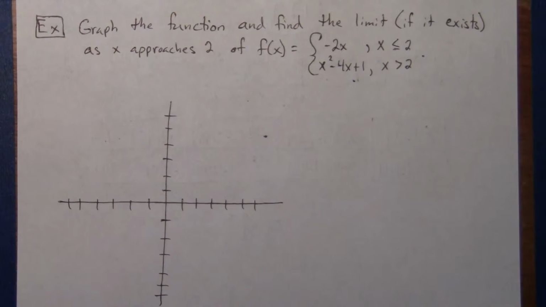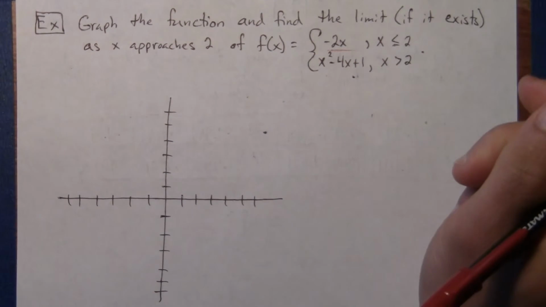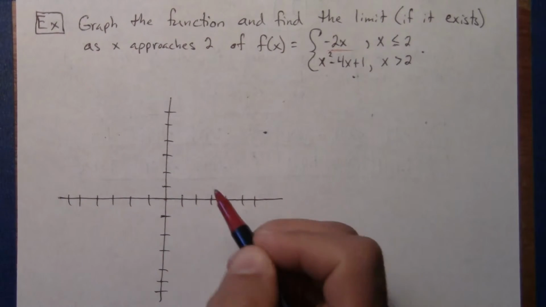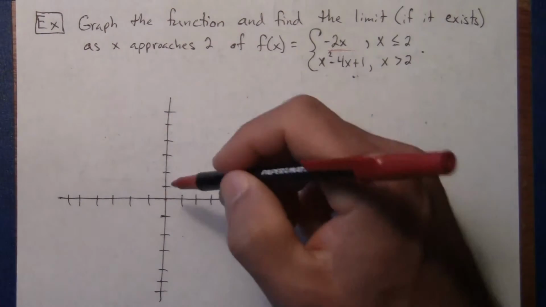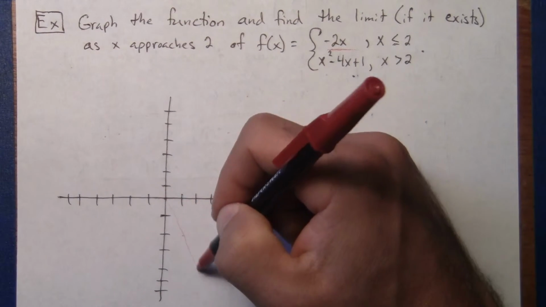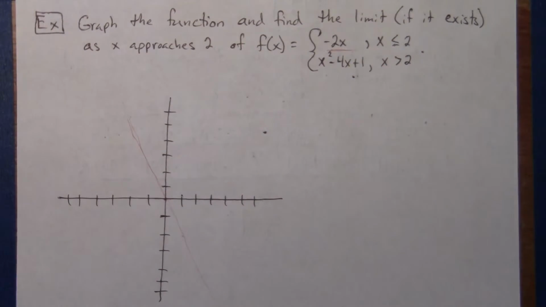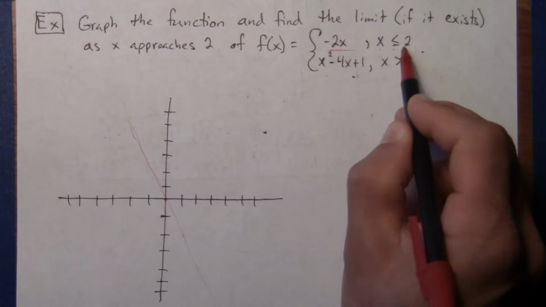Alright, so I've got my graph set up now. So if I go ahead and start graphing this, I'm going to graph the first function. It's negative 2x, so it's a line, has a y-intercept of 0, has a slope of negative 2, so go down 2, 1 to the right. And remember, there's a couple ways to do this. You can either draw this thing in very, very lightly. So there's what the line would look like. I want my x value to be less than or equal to 2.